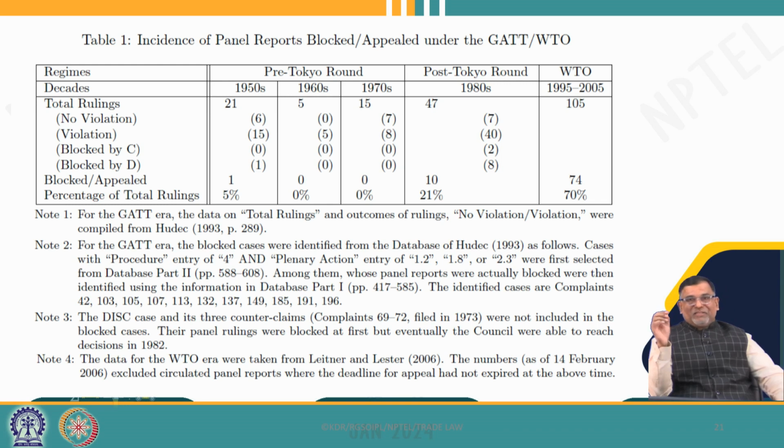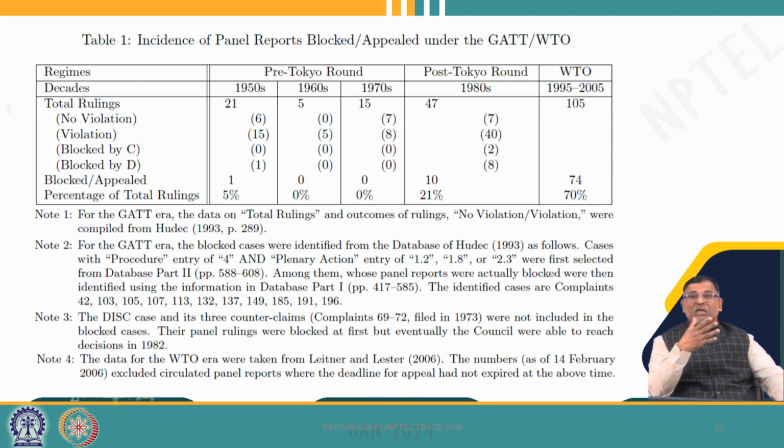So, that is why I said every scholar argued that this positive consensus system made a stumbling block, but actually the data says that it was not, because it is clearly the percentage of total rulings and appeals blocked: only 1 report blocked in the 50s, 0 in the 60s and 70s, and only 21% blocked in the post Tokyo round.